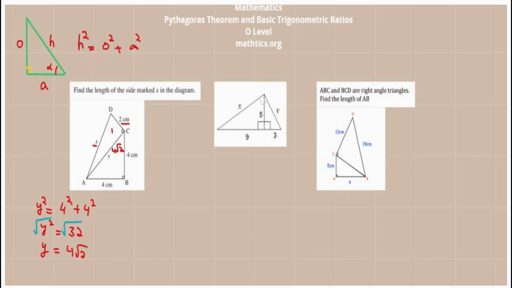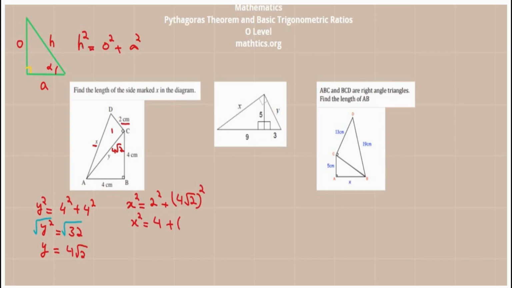So now I am going to make the equation according to the Pythagoras theorem for this first triangle. In the first triangle, the hypotenuse is x. So x square will be equal to 2 square plus 4 square root 2 whole square. X square will be equal to 2 square, which is 4, plus the square of 4 square root 2.